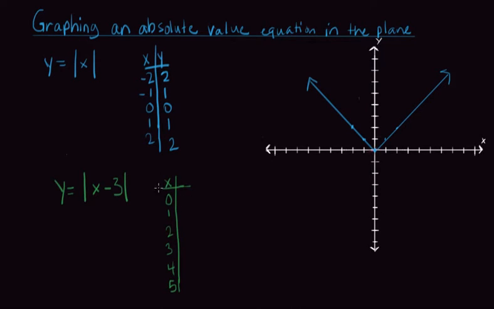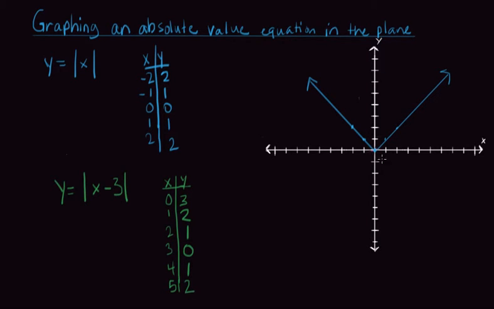Okay, so 0 minus 3 is -3, and -3 becomes +3 in the absolute value. 1 minus 3 is -2, which becomes +2 in the absolute value. 2 minus 3 is -1, and that becomes 1 in the absolute value. 3 minus 3 is 0, and 4 minus 3 is 1, which stays 1 in the absolute value, and then 5 minus 3 is 2, which stays 2 in the absolute value.